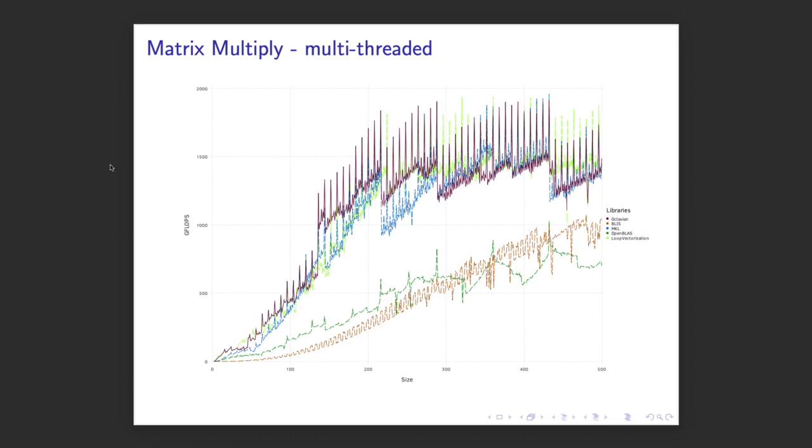The second ingredient, of course, being that we have low enough overhead multi-threading such that multi-threading overhead does not dominate the runtime.